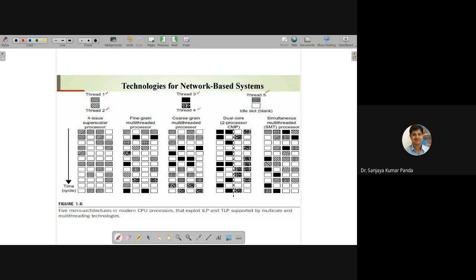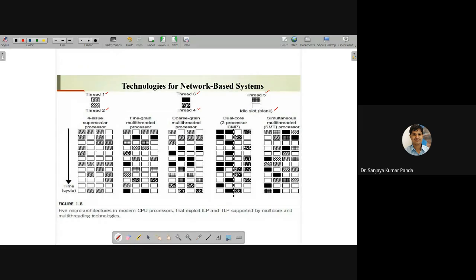You can find how these different types of threads run with respect to the processor using these 5 architectures. In order to show a slot not used by any thread, we represent an idle slot by a blank, or an empty box. An empty box represents that the slot is not utilized by a particular thread.